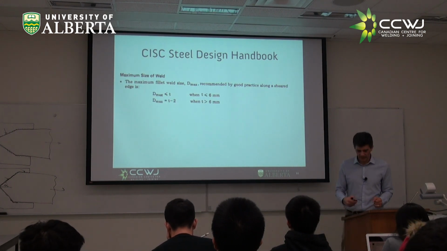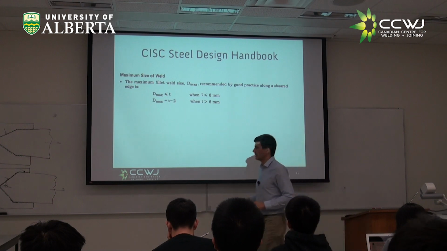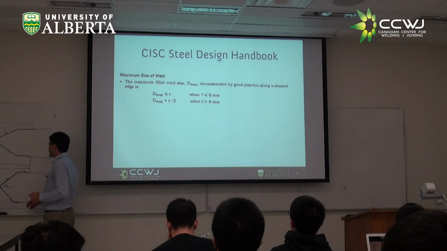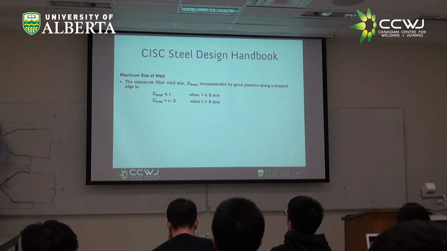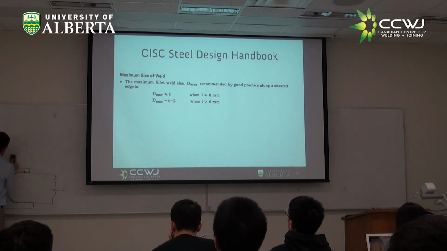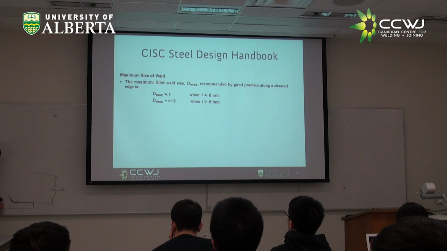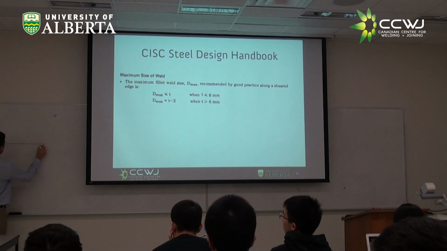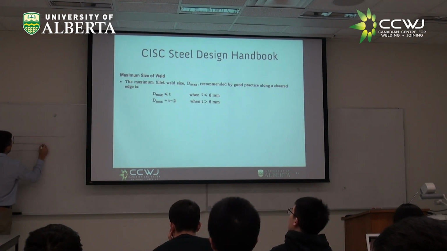And I'm going to make a schematic here because this is interesting. Why would they tell me a maximum size of the weld? Why can't I do any weld I want? So we're welding these plates here.